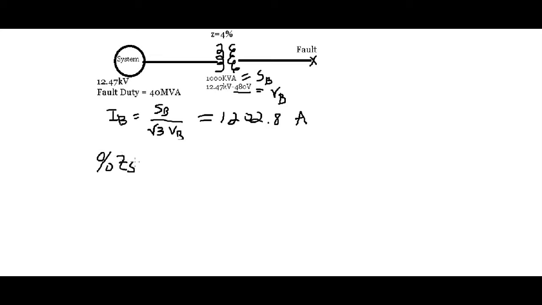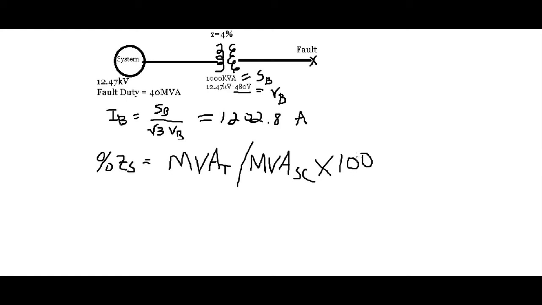Percent Z source is just equal to the MVA of the transformer divided by the MVA short circuit value, aka the fault duty, times 100. So that is equal to 1 MVA divided by 40 MVA times 100, 2.5%.